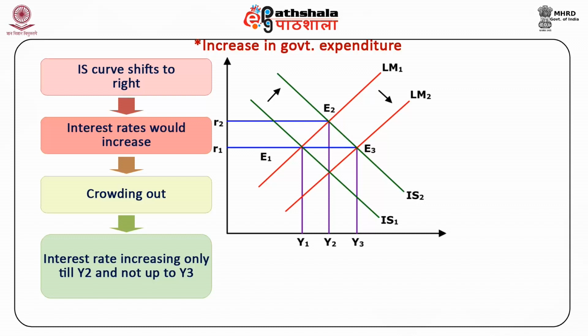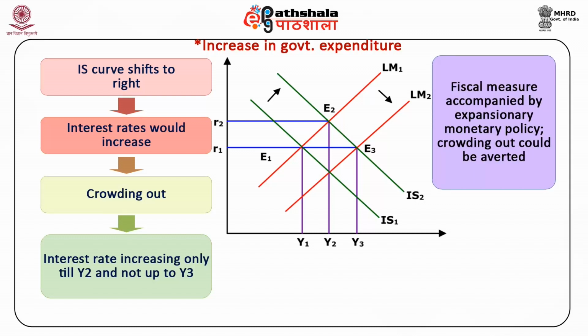However, if this fiscal measure is accompanied by expansionary monetary policy, crowding out could be averted. In this case, an increase in money supply shifts the LM curve rightward from LM1 to LM2, and the new equilibrium is E3, where LM2 and IS2 intersect each other.